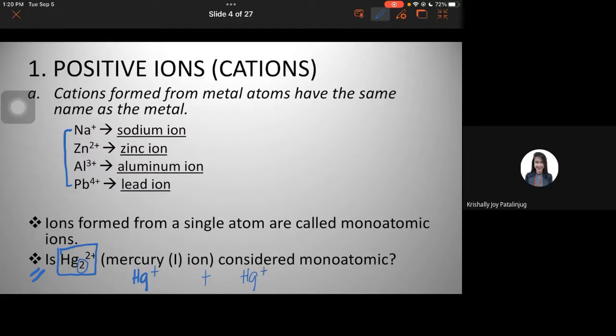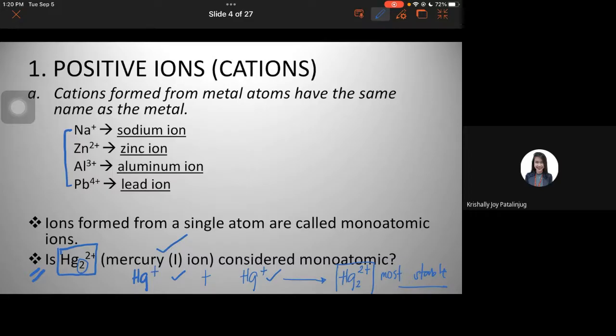That's why we write Hg2, then add the charge 2+. Please take note that this is the most stable form of mercury 1. Observe the formula of the ion mercury 1 in the list. It has a subscript of 2 because that's the most stable ion form, a combination of 2 ions of mercury 1. That's why Hg2 2+.